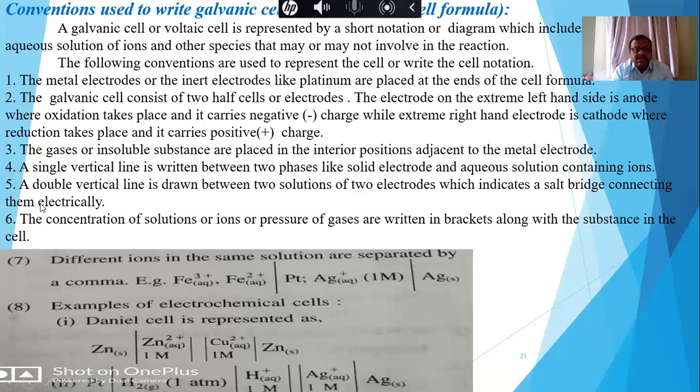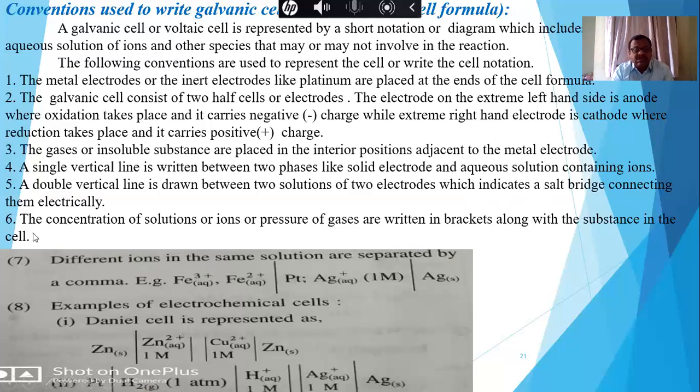The next convention is that a double vertical line is drawn between the two solutions of the two electrodes, which indicates the salt bridge connecting them electrically.